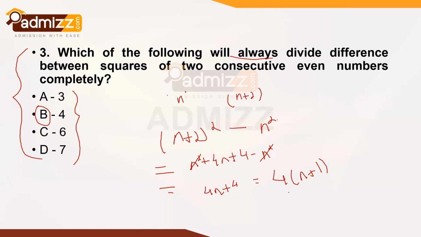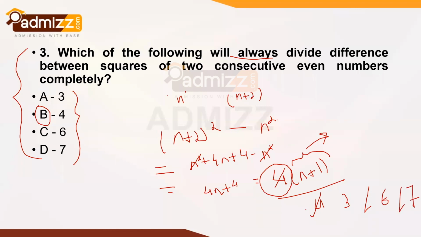n plus 1. So with this 4 as a factor here, what we can see is if we divide this by 4, this 4 and this 4 are definitely going to cancel out, and we are going to get a pure whole number as our answer. But if we divide this by any other number, let's say 3 or 6 or 7, then the probability of this being completely divided is completely dependent upon the value of n that we choose.